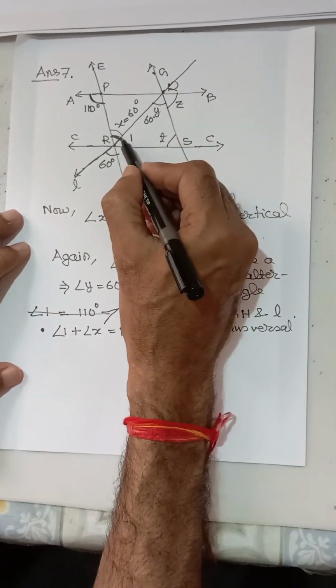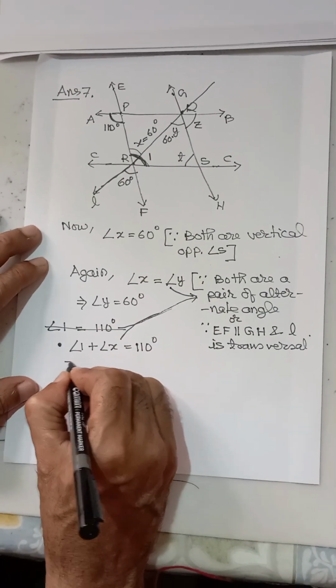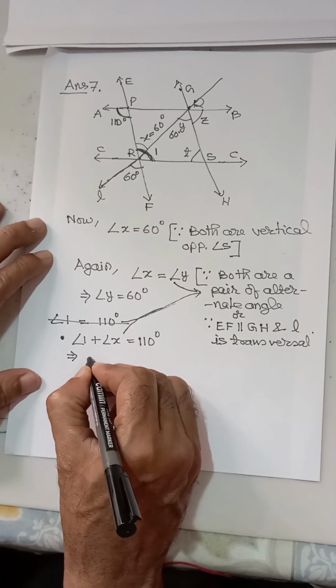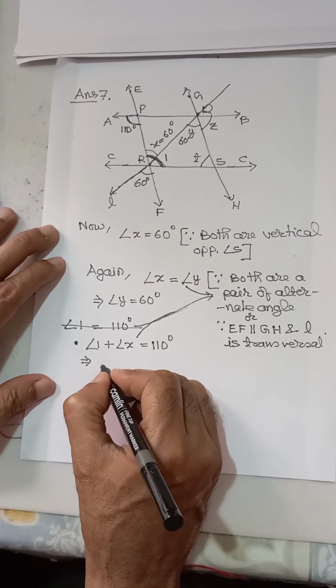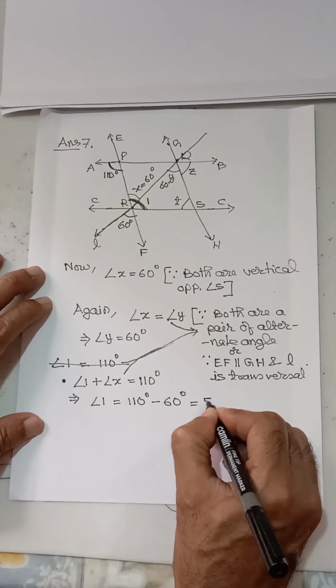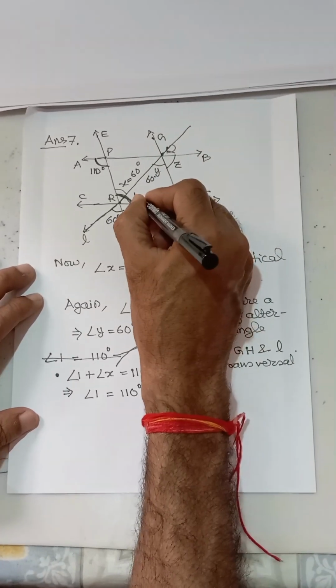Now just now we have obtained angle X is equal to 60 degree. This implies angle 1 is equal to 50 degree. So here we have got 50 degree.